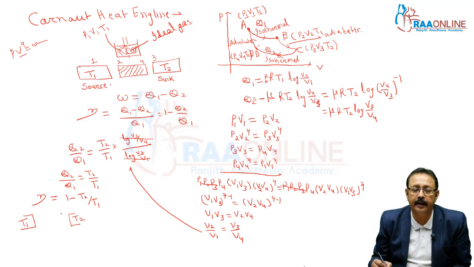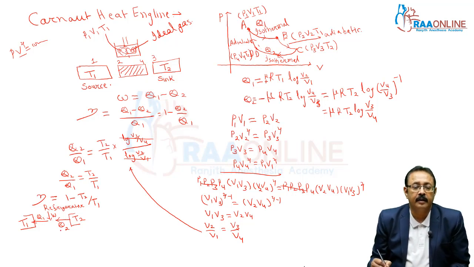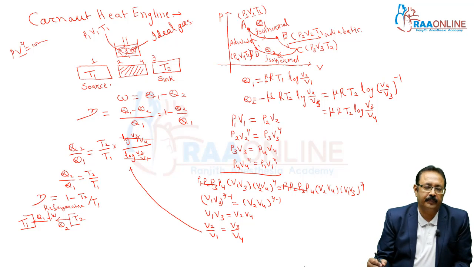In a refrigerator, we are taking Q2 heat from the T2 temperature, low temperature reservoir, doing some work on this, and supplying this to the high temperature reservoir. It means W plus Q2 is equal to Q1, which means Q1 minus Q2 is W.